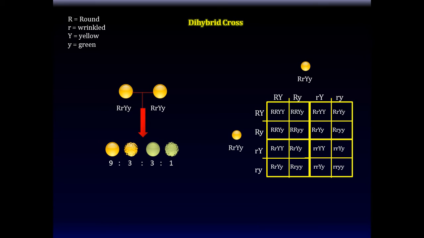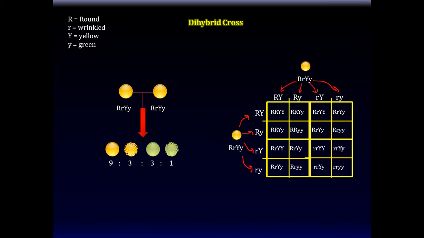Over here are all the possible gametes from this parent, and over here all the possible gametes from this parent. Then we combine the pollen and the egg to make all the possible new plant combinations. Now these are the genotypes. Now observe what phenotypes these will be.